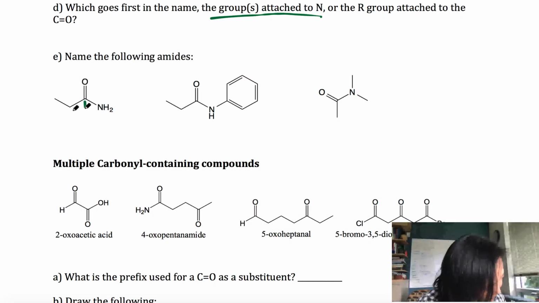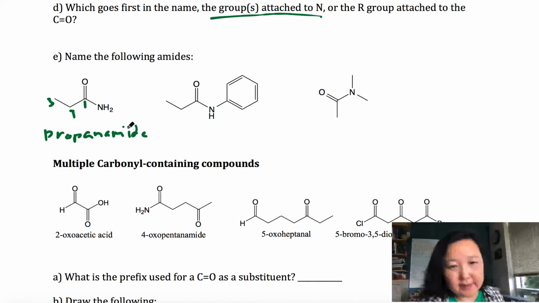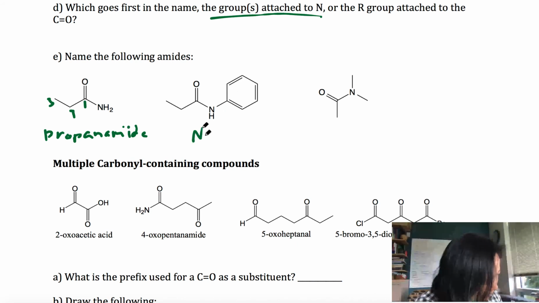All right, so the first one is a 3-carbon unit, so just simply propanamide. Really nice and easy. Nothing on the N, so I don't need an N anything. This one though has something on the N, so this is an N-phenyl group, and then I go with the propanamide.